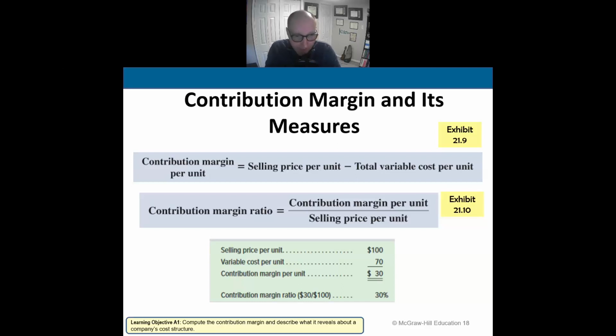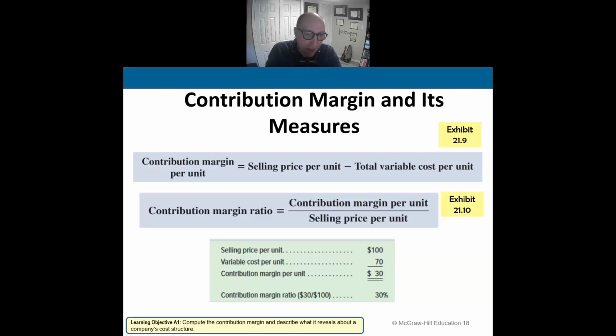Contribution margin. To find the contribution margin per unit, we take the sales price per unit, that's how much I'm selling it for, minus the total variable cost per unit.